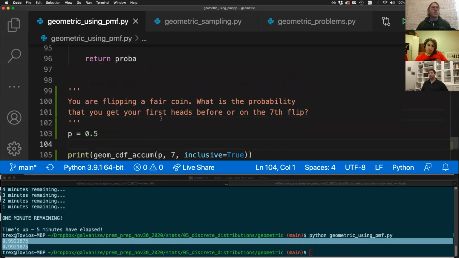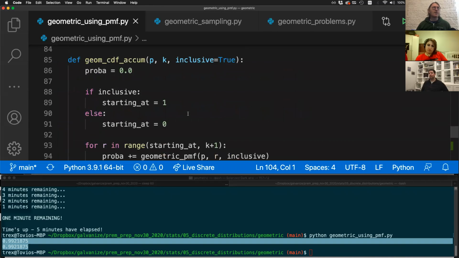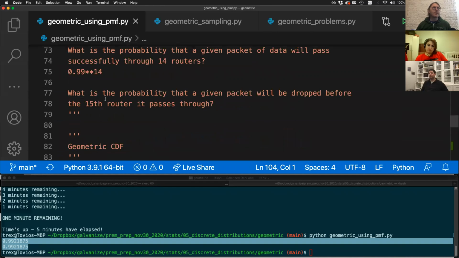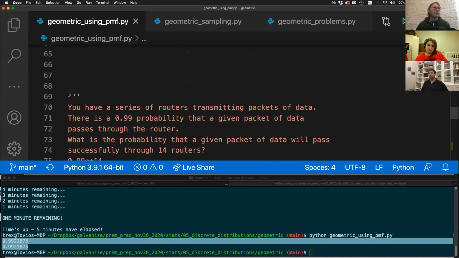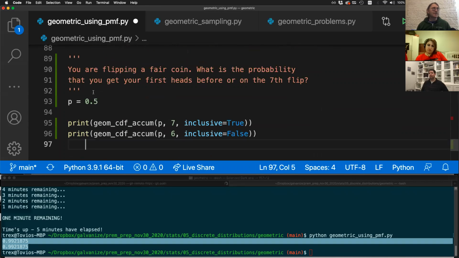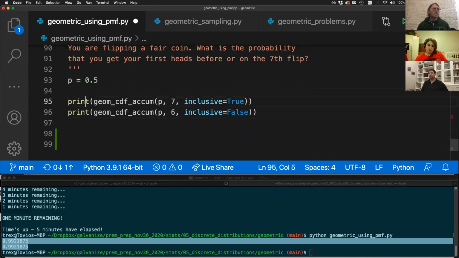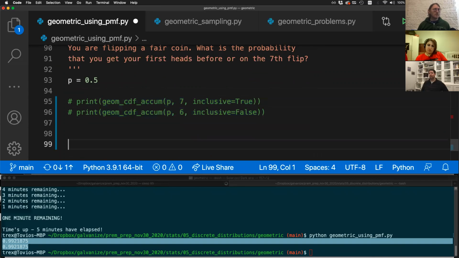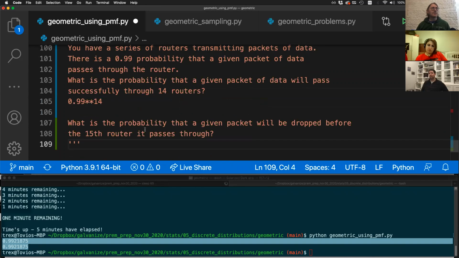So let's go back to this problem above. I'm just going to snag it and bring it down to the bottom. And we're asking, what is the probability that a given packet will be dropped before the 15th router it passes through? Now, you might want to translate this a little bit.